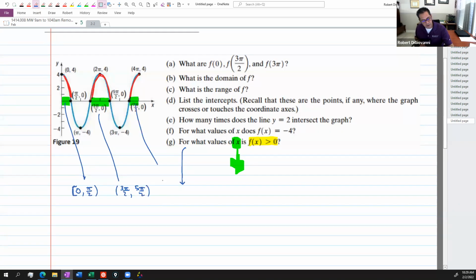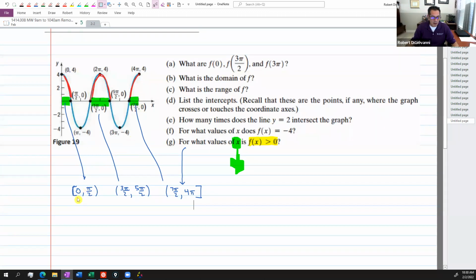And then this last region is 7 pi over 2 to 4 pi. Just keep in mind, these are x values. I'm looking at this green, it's like a domain. I'm trying to find a domain, but only where the graph is above the x-axis. So anything between here and here, between here and here, and between here and here, I get graph above the x-axis.